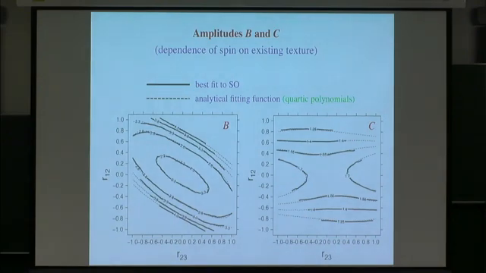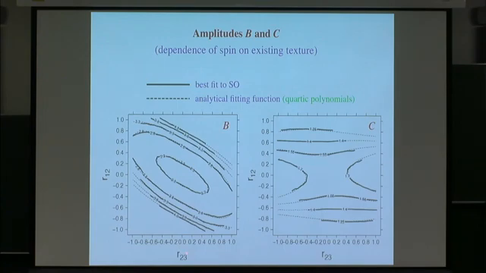So now finally, the amplitudes. Remember the two independent components of the tensor Qijkl, the only two independent components, and each of those components depends on the ratios of the axes of the finite strain ellipse.